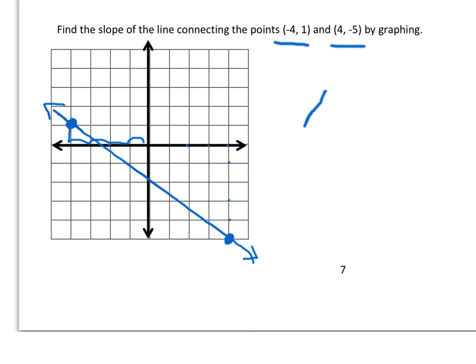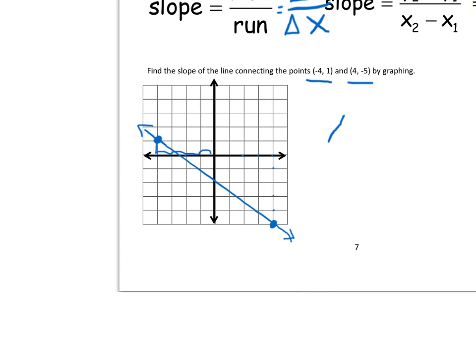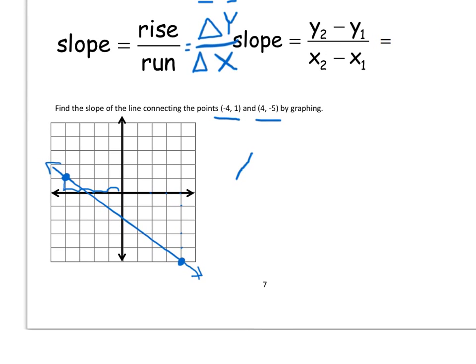Okay, so now I'm going to give you some steps for finding the slope of a line. So here are the steps. Step number 1, you're writing these down with me, is you're going to plot the points.